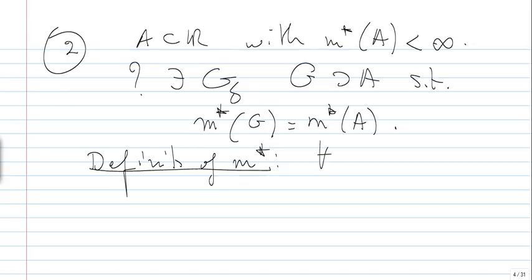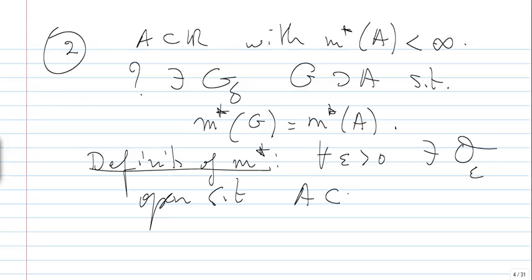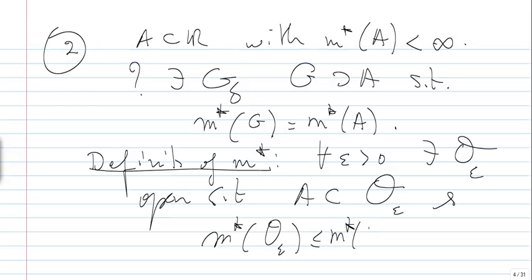For every epsilon, we can find O epsilon open such that A is included in O epsilon, and the outer measure of O epsilon is less than the outer measure of A plus epsilon. Keep in mind, the outer measure of A is finite, therefore the outer measure of every open O epsilon is finite.